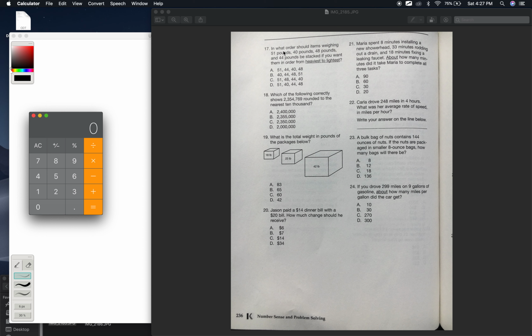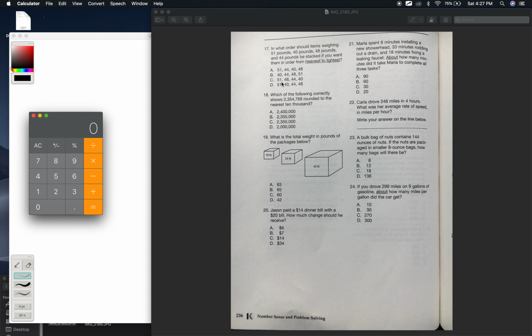Okay, so in what order should items weighing 51 pounds, 40 pounds, 48 pounds and 44 pounds be stacked if you want them in order from heaviest to lightest? This is pretty basic stuff, but just reiterating what they told us to do in one of the previous lessons.